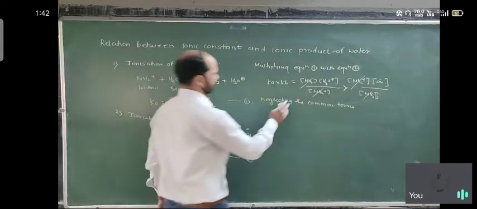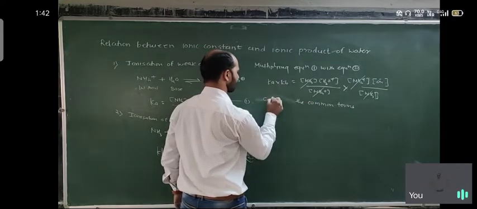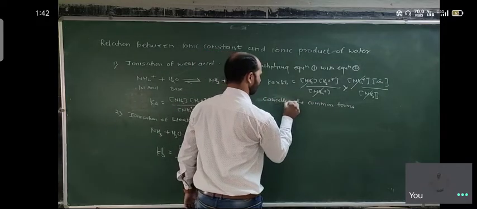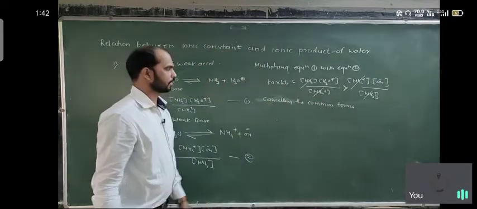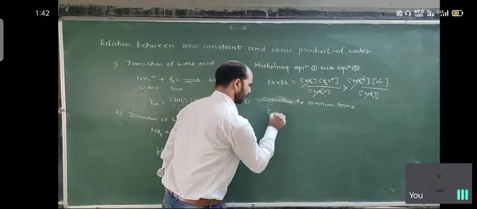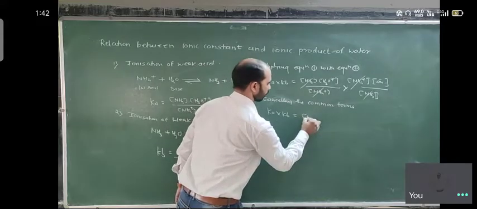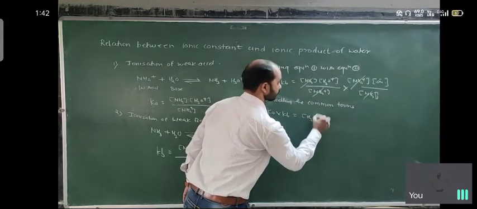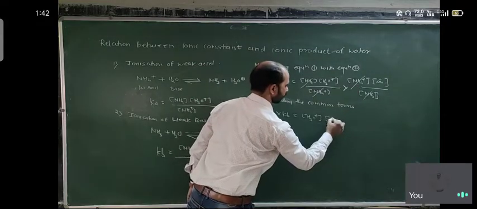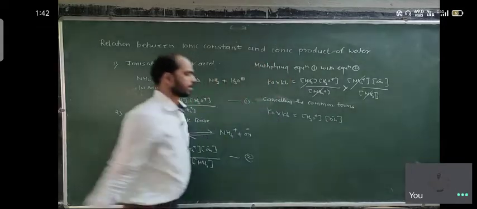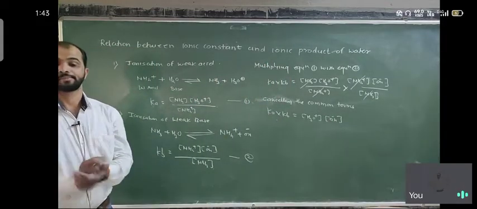You should simply mention here cancelling; we do not neglect, we cancel. So after that Ka into Kb is equal to what remains: H3O plus and OH minus.